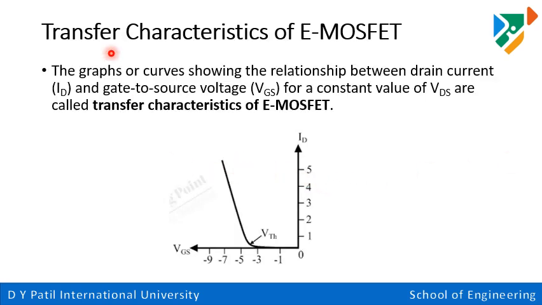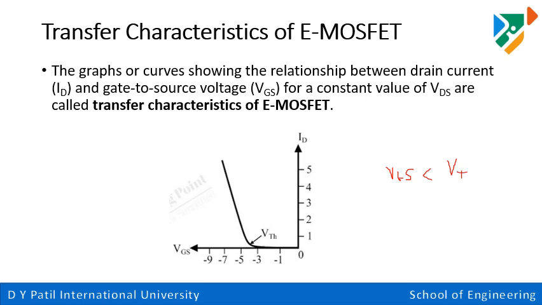Now the next characteristic is the transfer characteristic of the E MOSFET. This transfer characteristic is basically the drain current versus VGS, that is the gate to source voltage. Looking at this figure, for VGS less than the threshold voltage, what will happen?